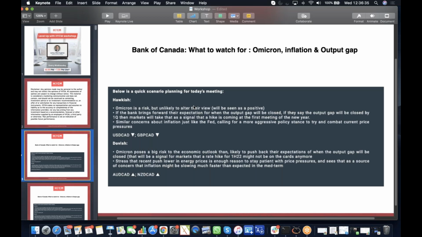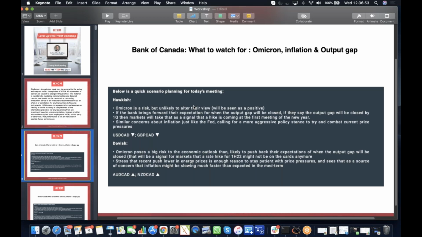Secondly, one of the criteria that the Bank of Canada has set is they want to see the output gap closed. In other words, they want to see the gap between what the country is producing and what the country is using closed.